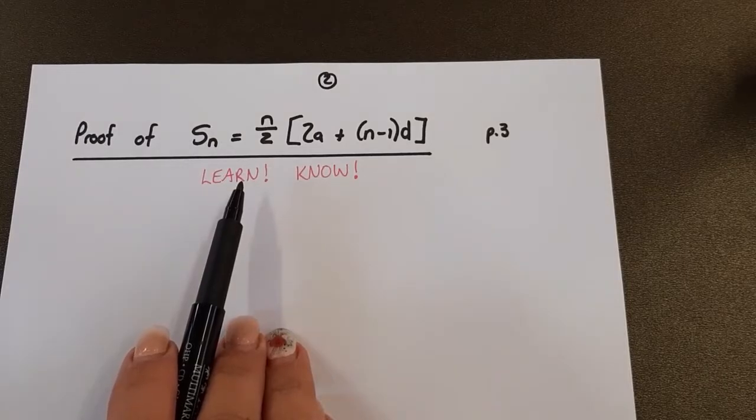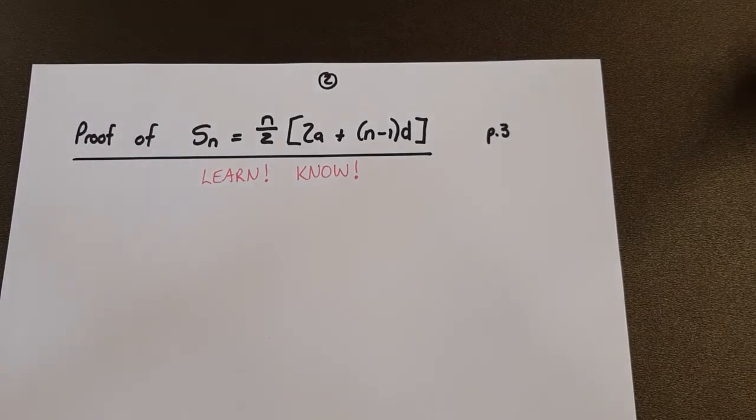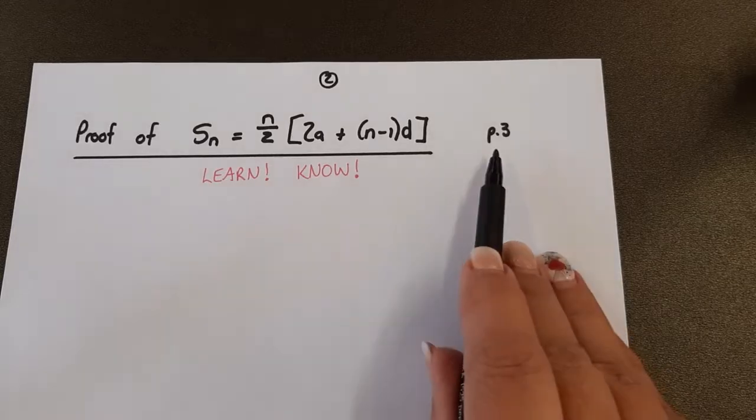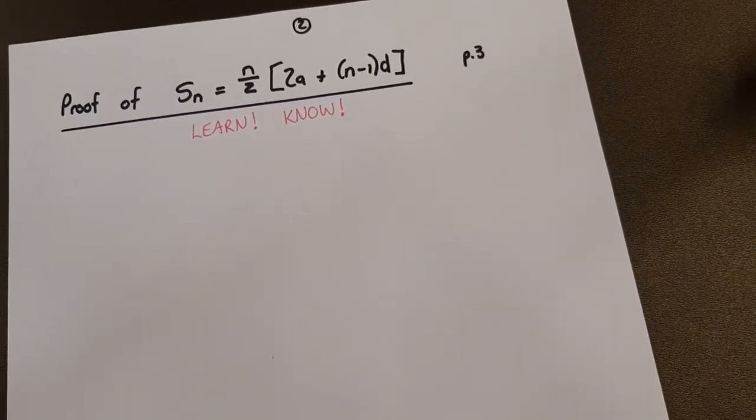You have to learn the proof, you have to know the proof, and you have to say it whenever you're awake after you've slept. The proof is on page 3 of your notes, and we are quickly going through it now.